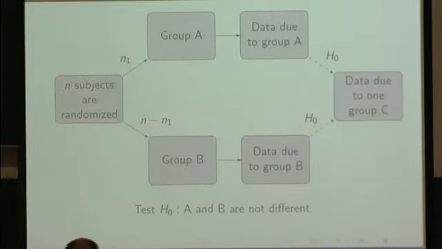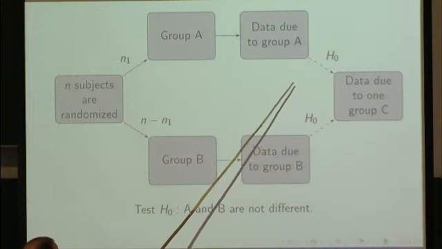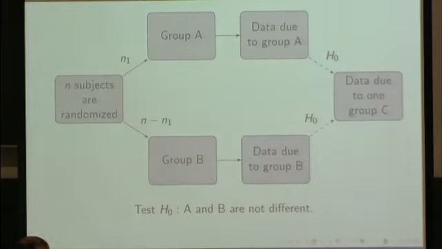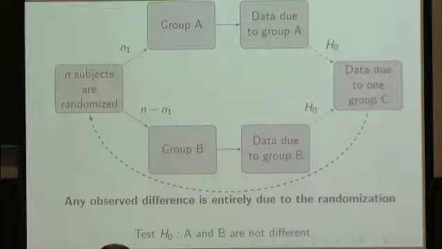This is a very simple hypothesis, and if they're equivalent, then we say the data is due to just one group rather than separate groups. And in the randomization model, any observed difference would be entirely due to the randomization itself under the null hypothesis.